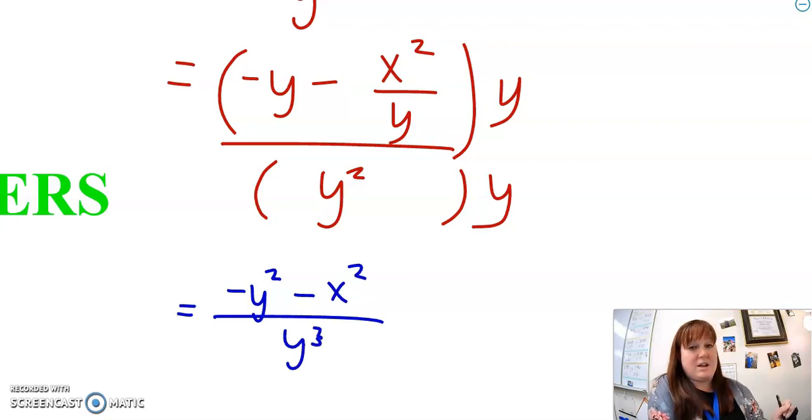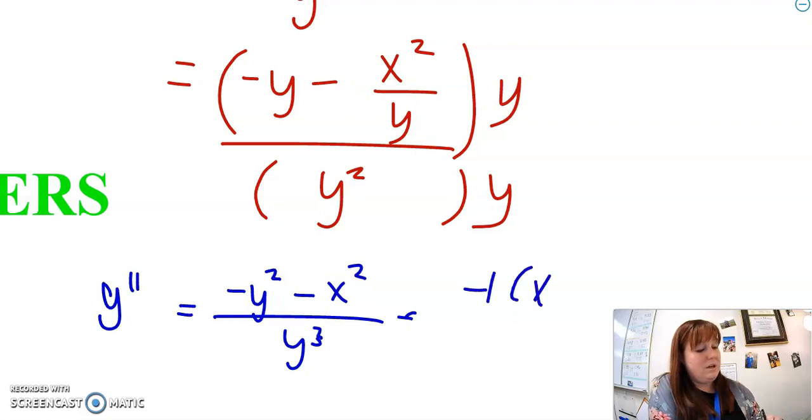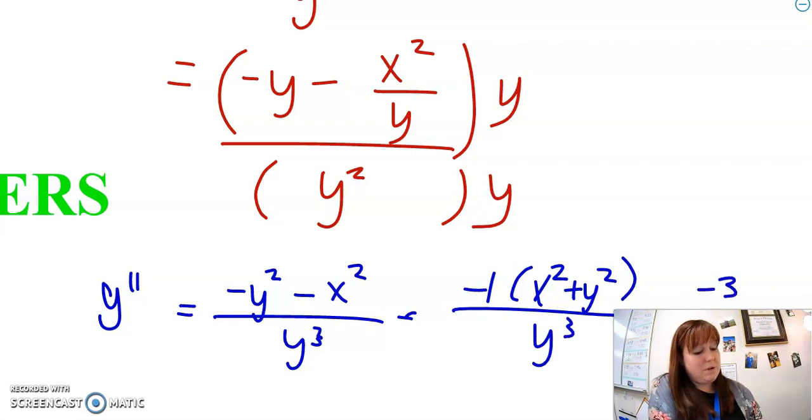And that cleared my fraction in the top. Then I can take a negative 1 out, and I get x squared plus y squared all over y cubed. And then that becomes negative 3 over y cubed.